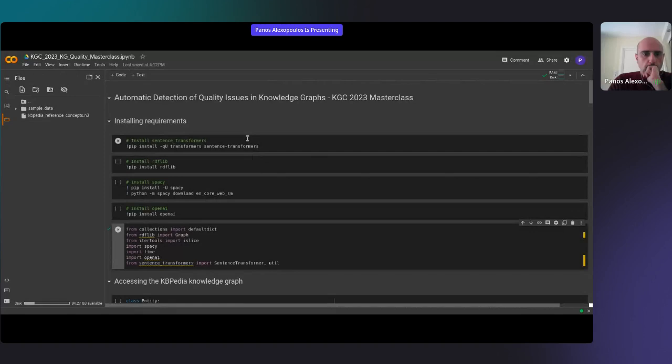Because what we're going to do before we even start discussing is upload the model in the Colab notebook. So in order to do that, go here to upload to session storage and make sure that the KBpedia reference concepts N3 is loaded. This is a preparation, and as you do that, I will continue with the presentation, and then we will revisit this notebook when we start the hands-on part.